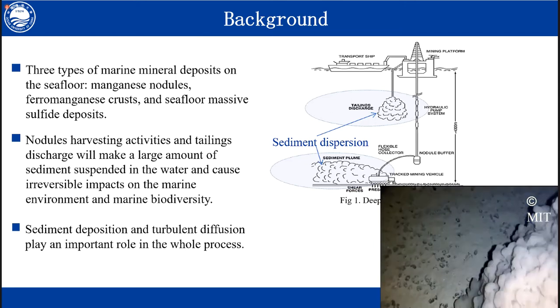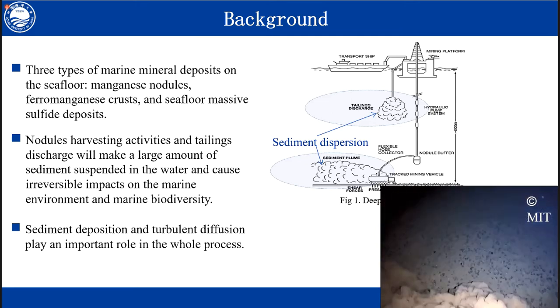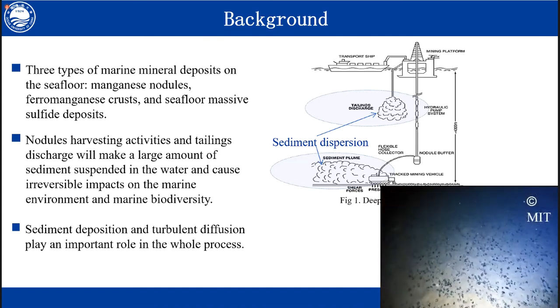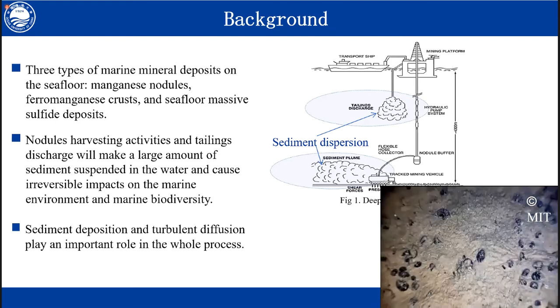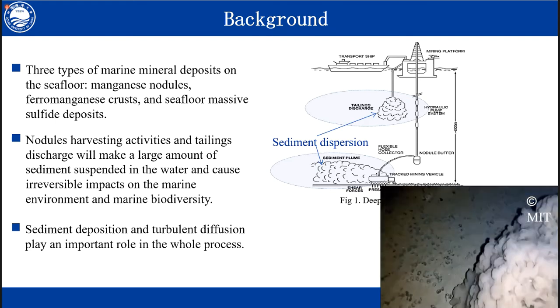From this picture, we know nodule harvesting activities and tailings discharge will cause a lot of sediment in the water and cause invisible impacts on the marine environment and marine biodiversity.